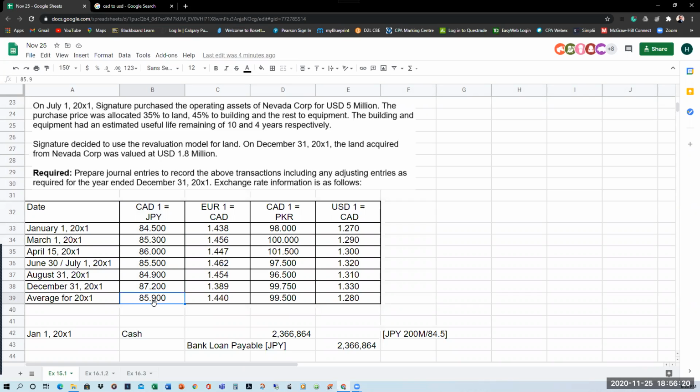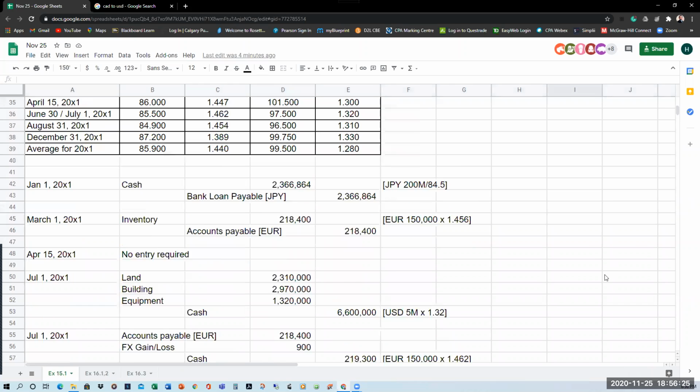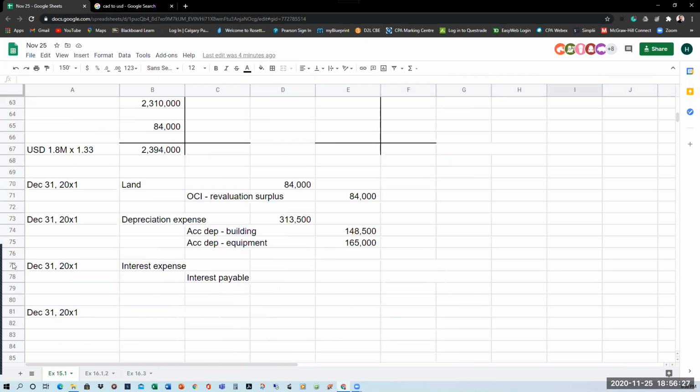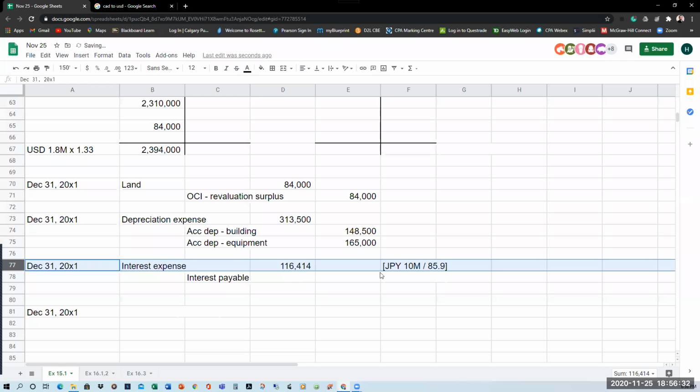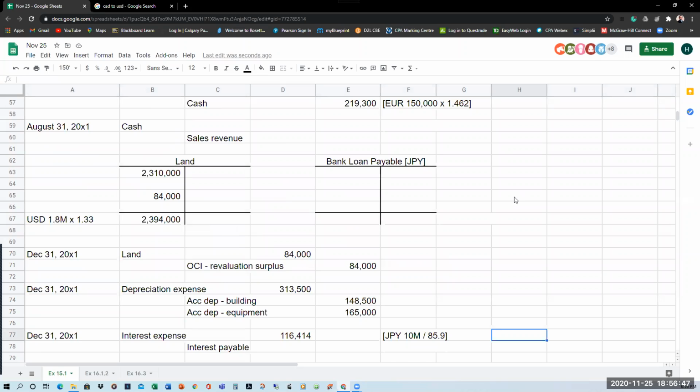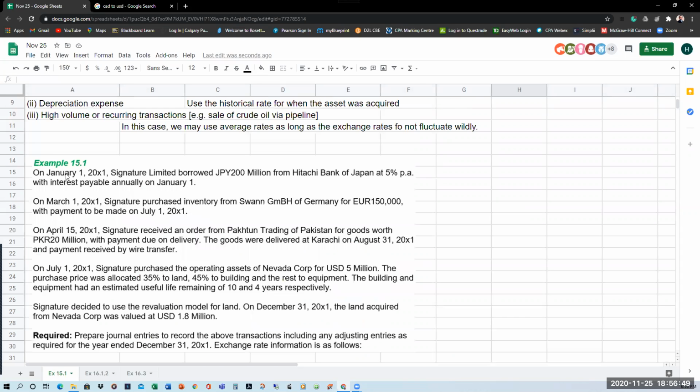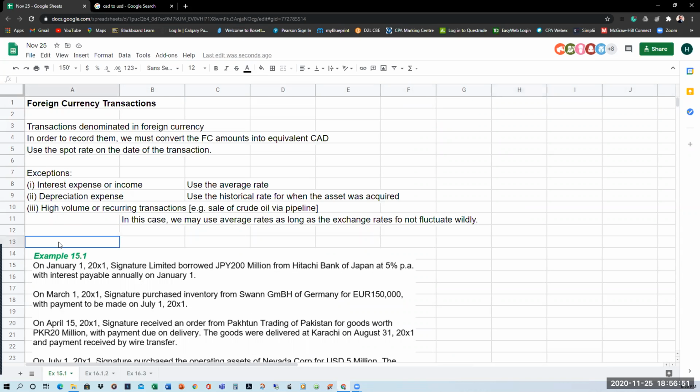So you got to use the average rate for the expense. 10 million yen, you will divide by the 85.9, the average rate, and that gives you 116,414 Canadian dollars. Now, I didn't type it in here.